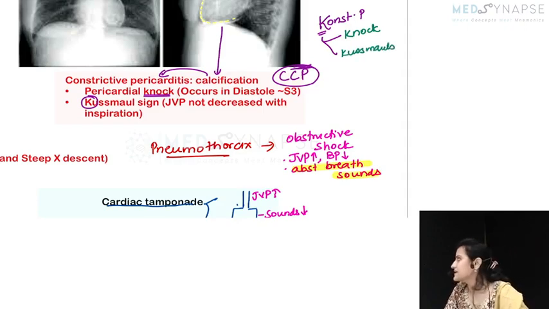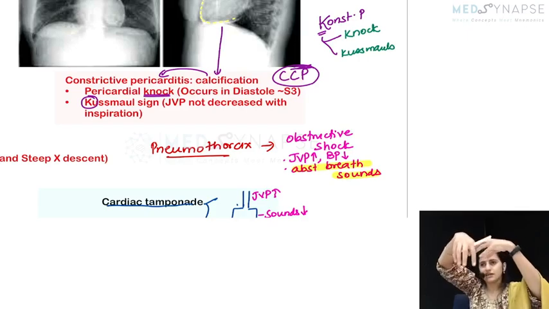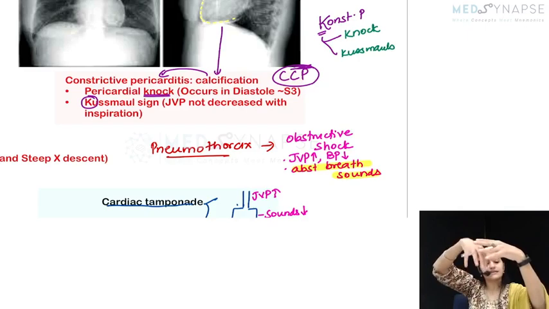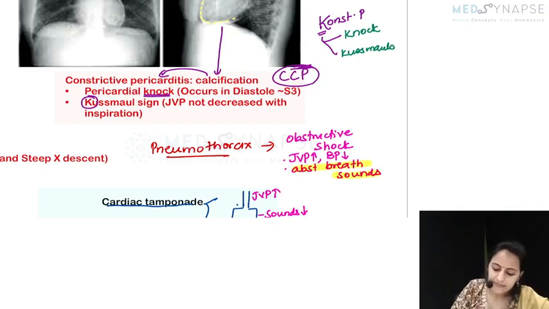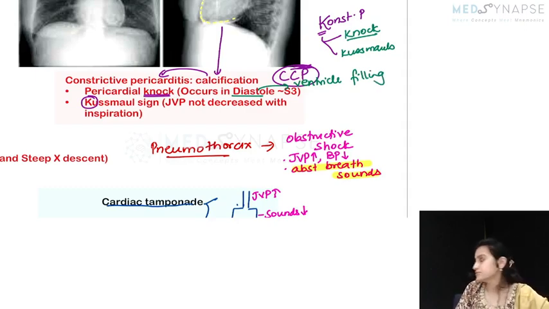The pericardial knock. When does the pericardial knock occur? Basically, when the atrium is trying to empty into the ventricle, the constrictive pericarditis is creating a knock, a sound that you hear. So remember that this will be in diastole or systole. जब blood empty हो रहा है during the ventricle filling, right? It's a diastole.